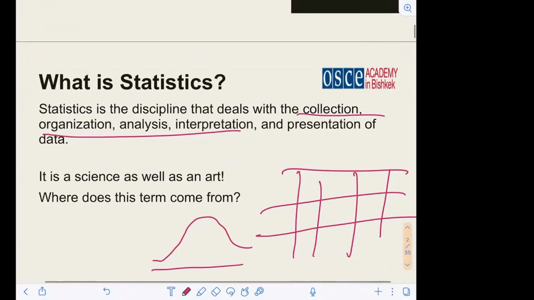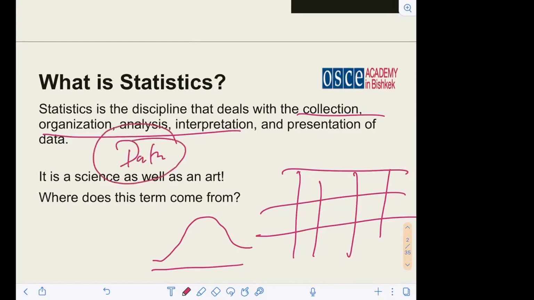So statistics, as I have written here, when you collect the data, what is data, how to collect this data, all of that we are going to learn in this course. I know that most of you, in fact all of you, know what data is.